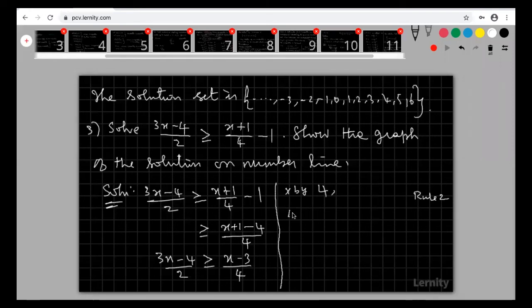So therefore, this is 4 into (3x - 4)/2, and this is (x - 3)/4 into 4. So this 4 and 4 cancel. Here I can cancel and it will be 2. Okay, now multiply. So this is 2 into 3, 6x, and 2 4s are 8, greater than or equal to x - 3.